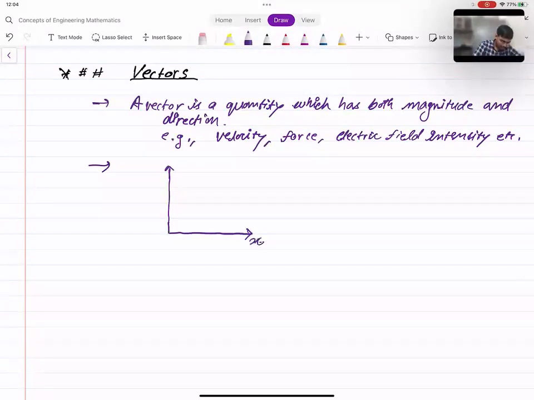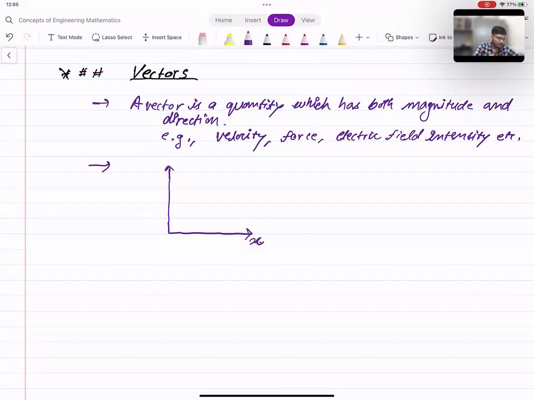Suppose from the origin we are measuring the distance of any object, so to locate its direction, we can say how many units it is in the x direction, and then how many units it is in the y direction. In that way, the direction will automatically come into consideration, and the magnitude will be the distance between that object and the reference point. Generally, it is the origin.